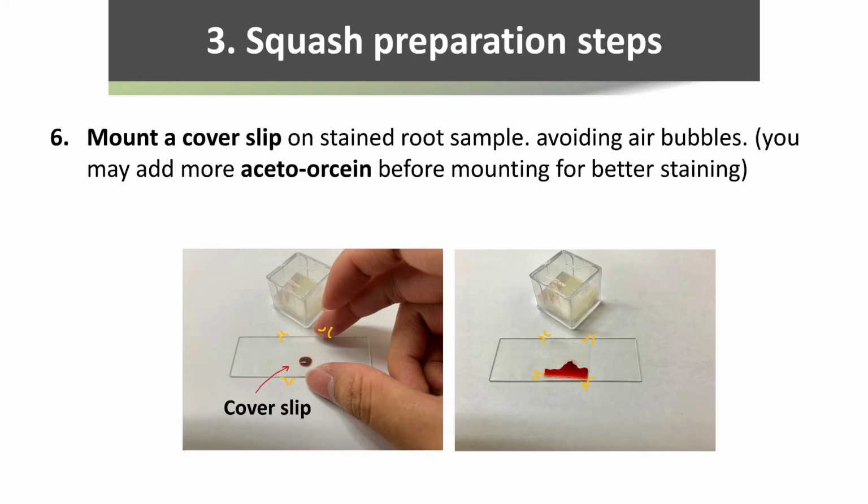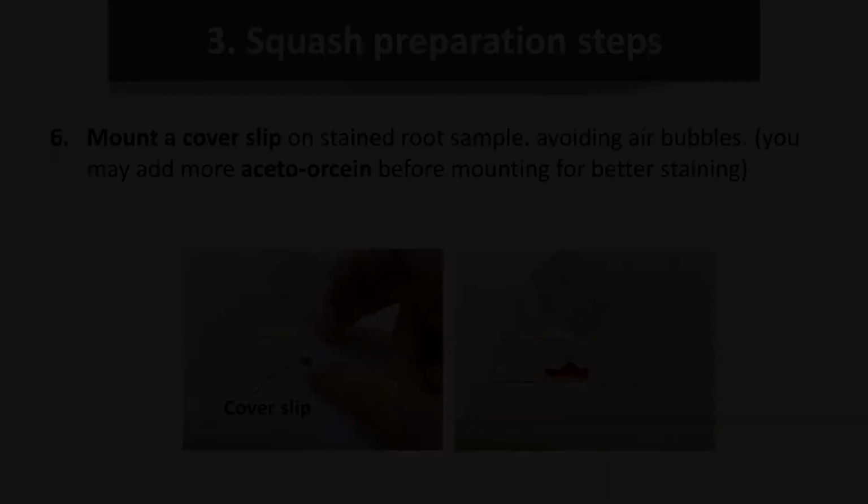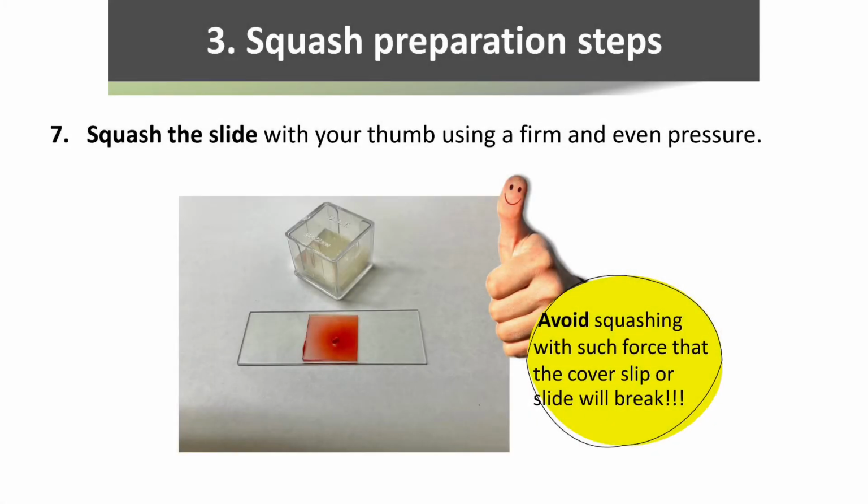Mount a cover slip on the stained root sample. Please avoid air bubbles. You may add more acetoorcein before mounting for better staining. Squash the slide with your thumb.